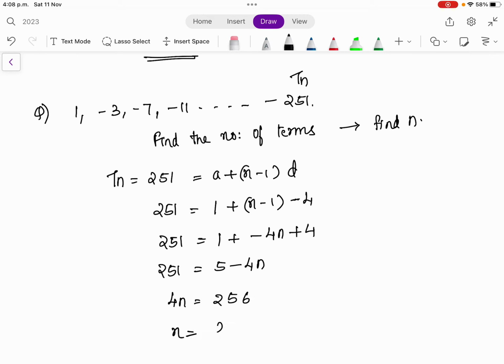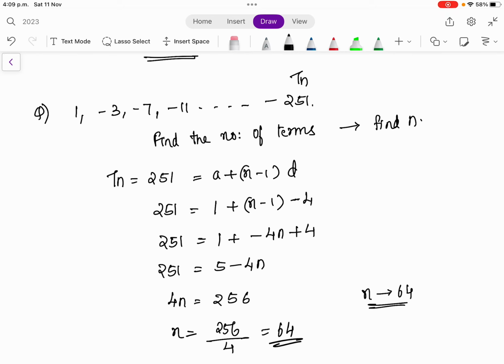So n is equal to 256 over 4, which is equal to 64. So this means that this series has 64 numbers.